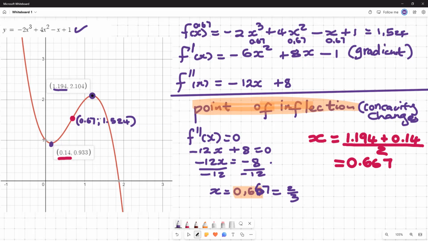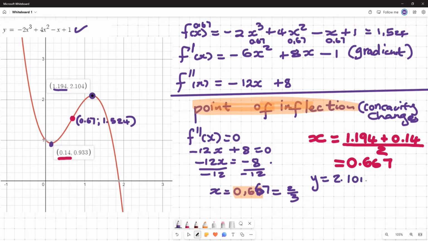I can show you another way to do it. The y value on the point of inflection is the midpoint of the y values. You only work with the turning points. The point of inflection is basically the midpoint of the turning points. Think of it that way.